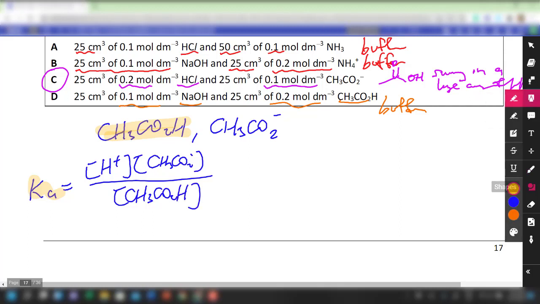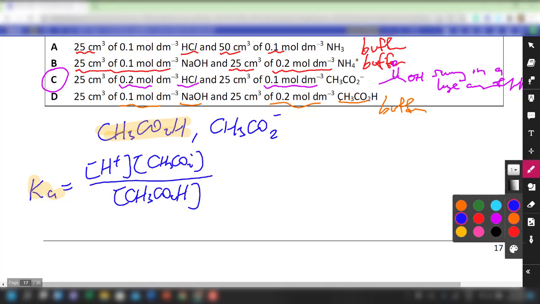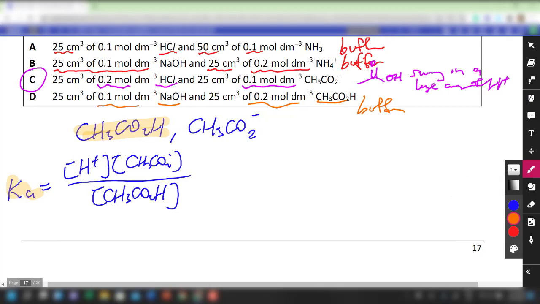And you might recall from earlier chemical equilibrium that when we add in ethanoate, it will suppress the ionization of ethanoic acid. Okay, so maybe I should write this out so that you can see it in a clearer fashion.